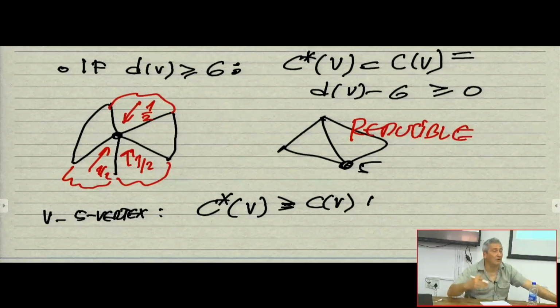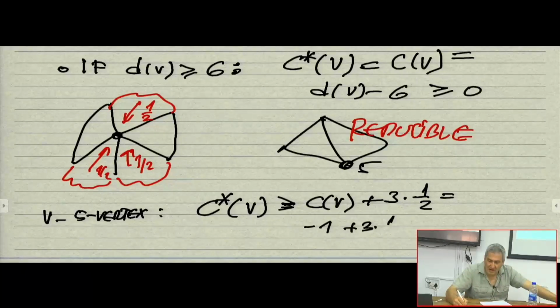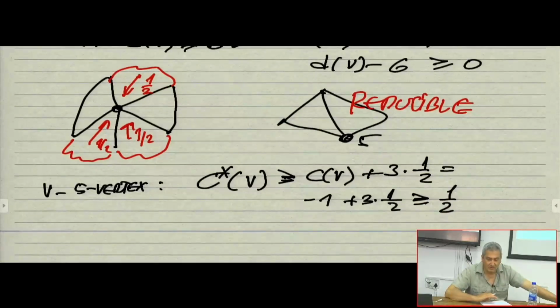It may gain not 3 times 1/2, it may get 4 times or 5 times if you don't have a triangle. At least 3 times 1/2, so my initial charge is -1, and then 3 halves, it will be bigger or equal to 1/2. So the 5 vertices get strictly positive charge.